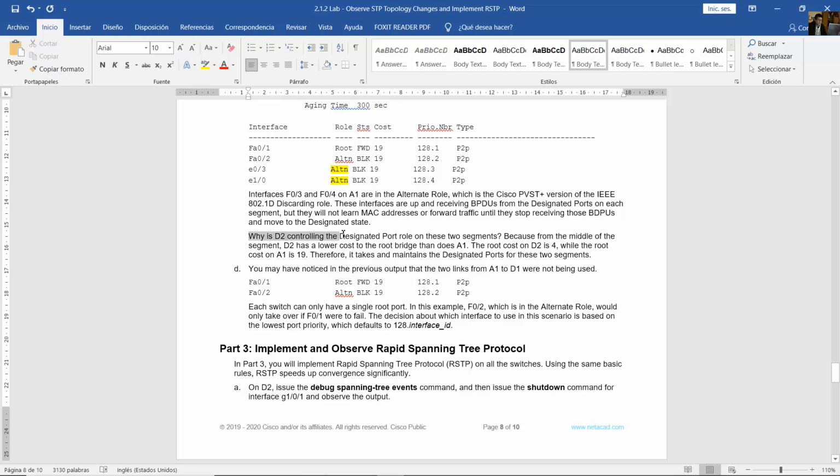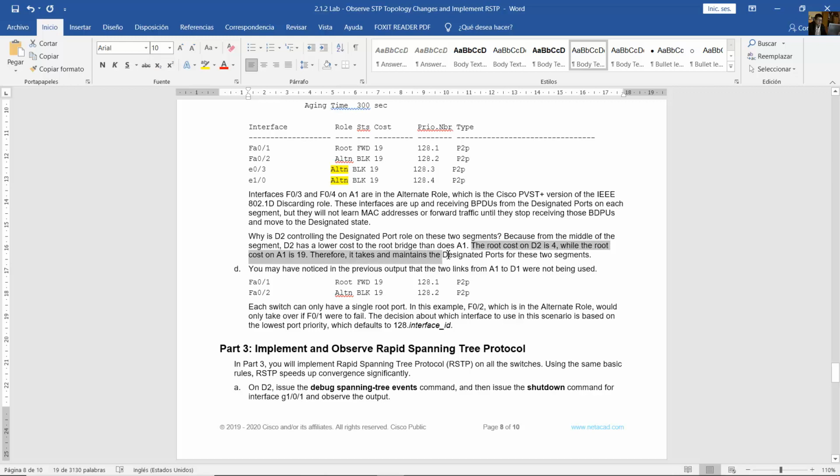Why is D2 controlling the designated port role on these two segments? Because from the middle of the segment, D2 has a lower cost to the root bridge than A1. The root cost on D2 is 4, in my case 100, while the root cost on A1 is 19, in my case also 100.